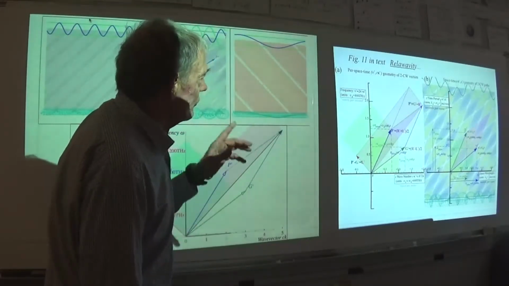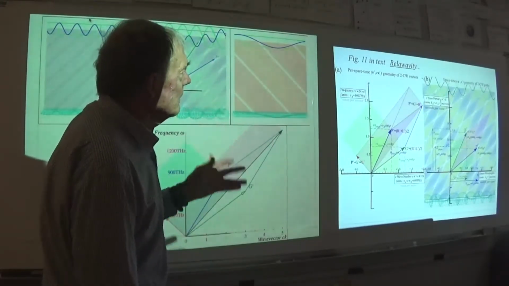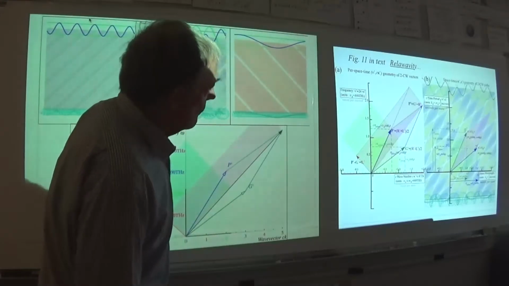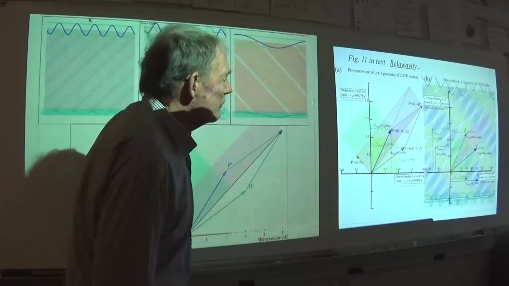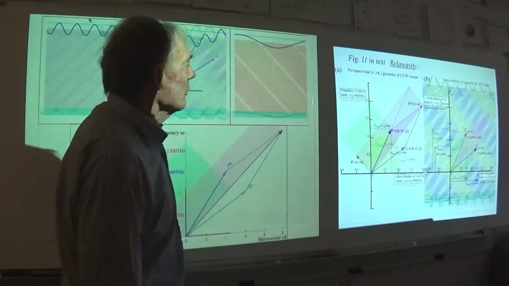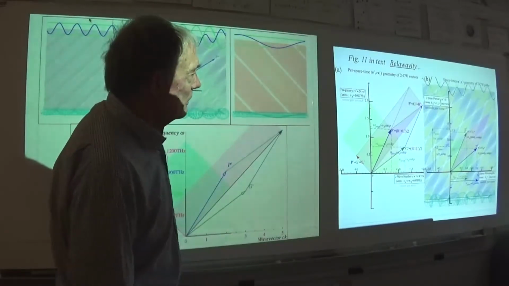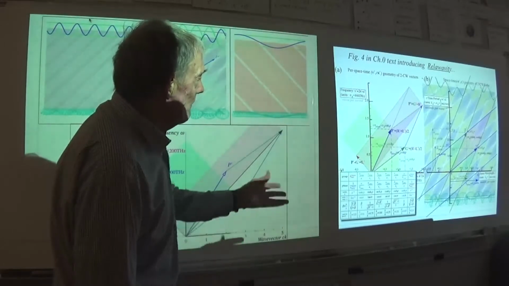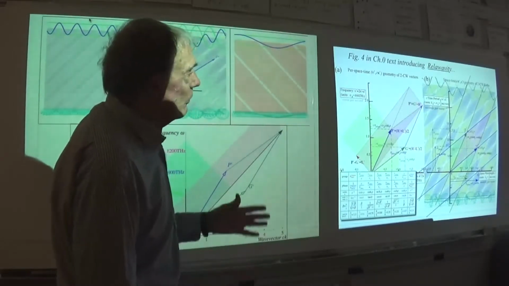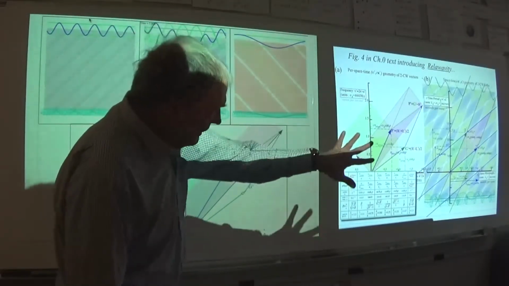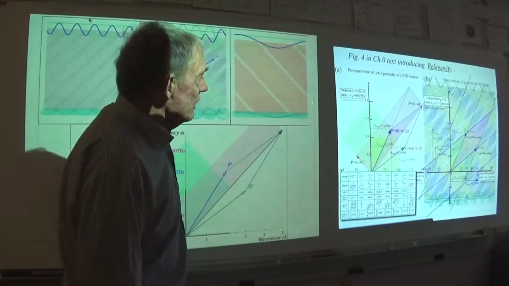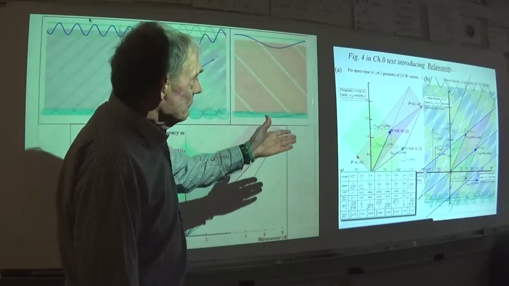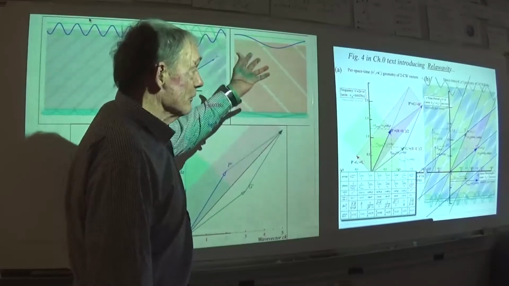Now, this is just out of Figure 11 in the relativity text. It's actually Figure 4 in Chapter 0, the shortened version of the relativity text. So there are the numbers showing the group and the phase lines going through space-time, making the same geometry over and over again, I might add.